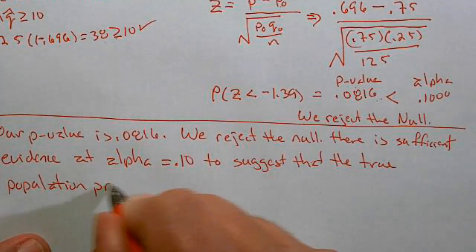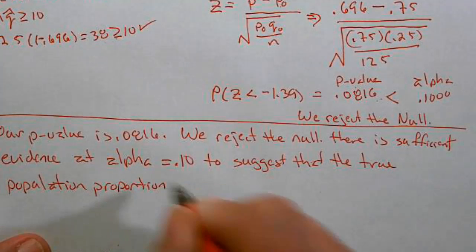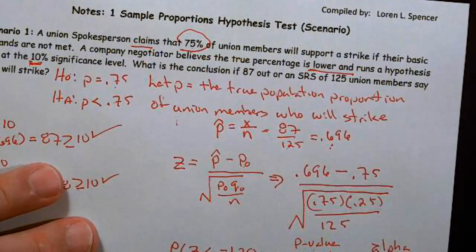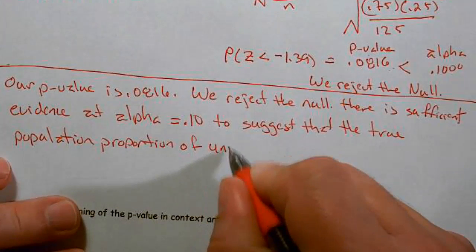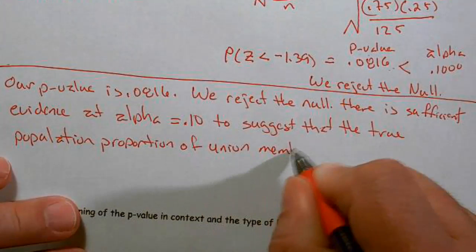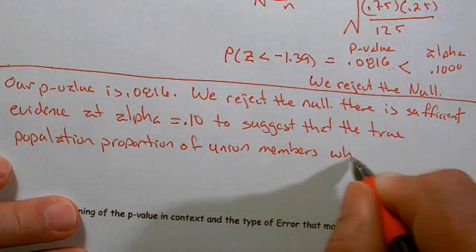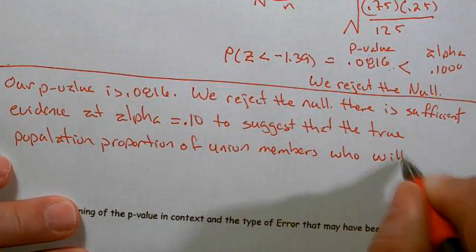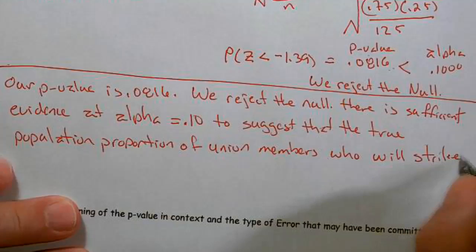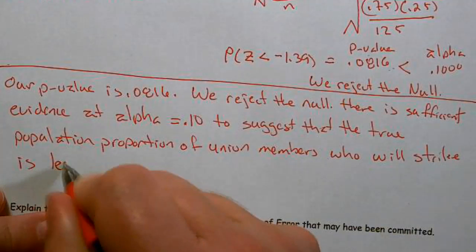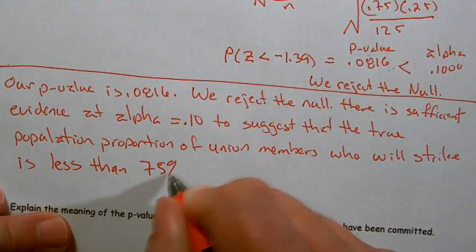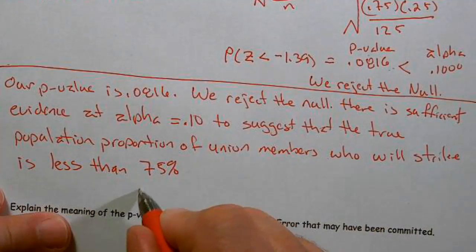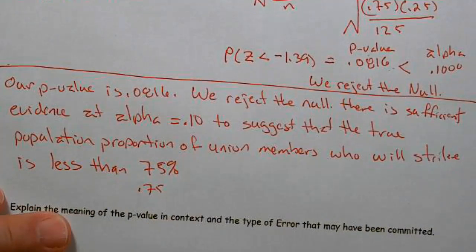We have to say proportion, key word right here, true population proportion of, how did we define it? Of union members who will strike is less than 75%. And if you prefer, less than 0.75, either one, but I'd rather write less than 75%.